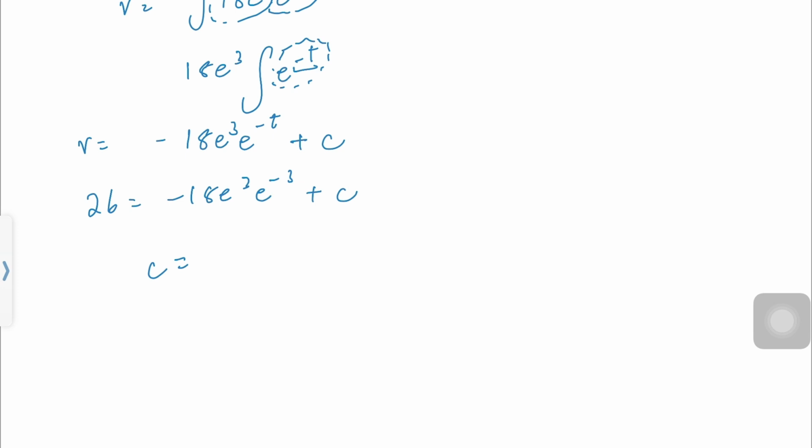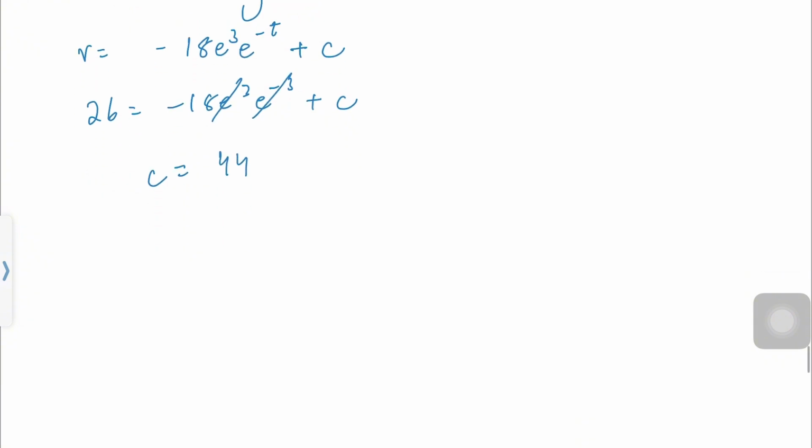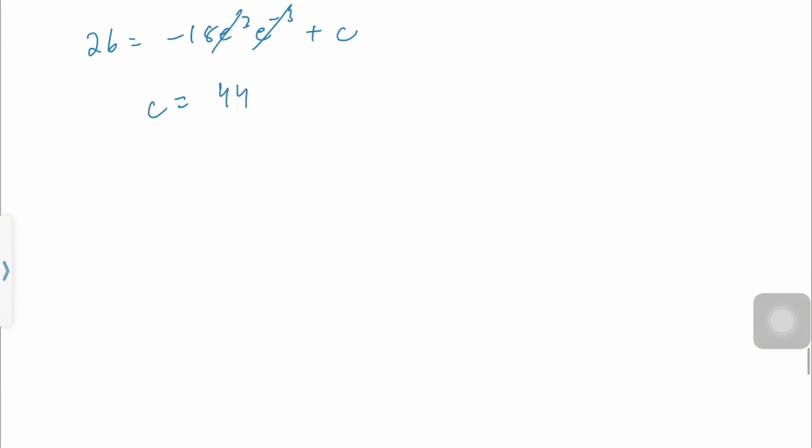We'll get our c as, just calculate it, 26 plus 18 e power 3 over e power 3. This would be 44. This and this would be cancelled out. Now moving on, we can write this whole equation as minus 18 e power 3 e power minus t plus 44.